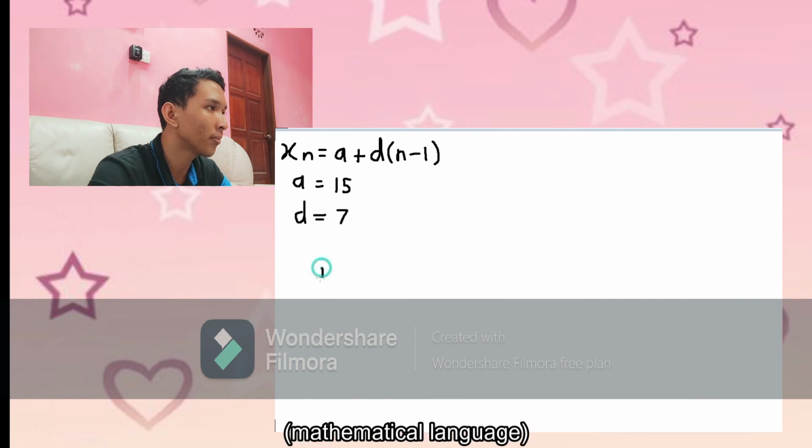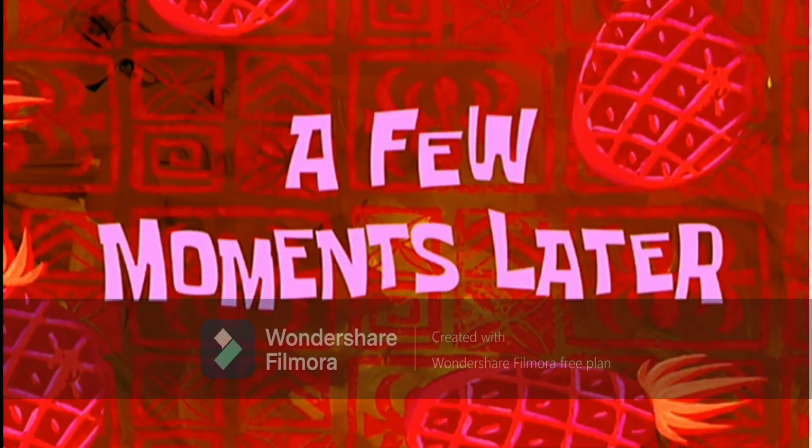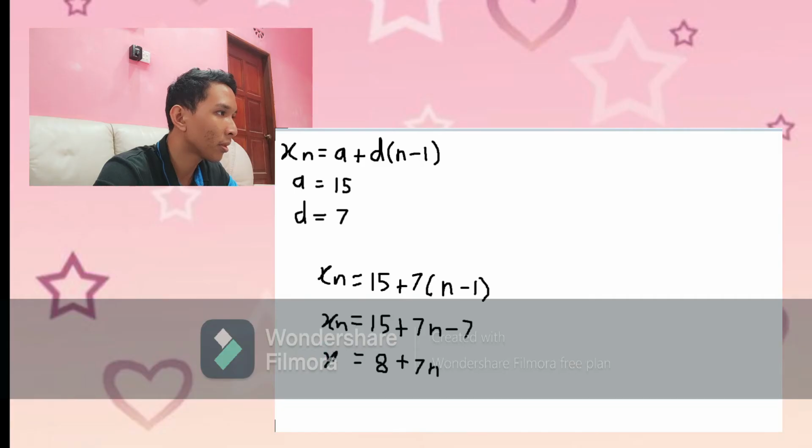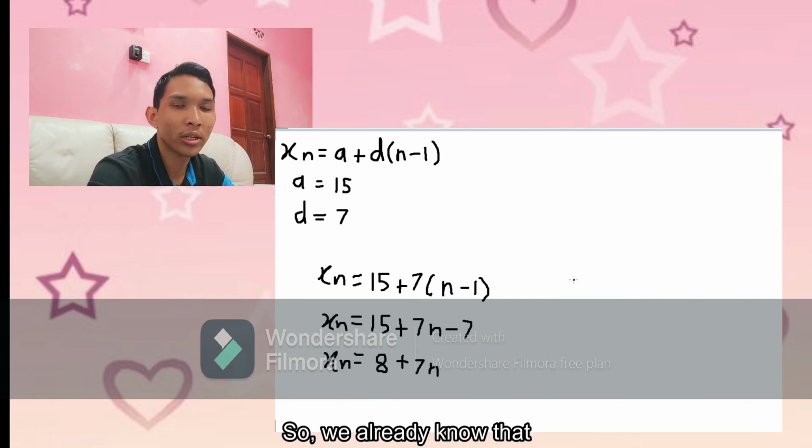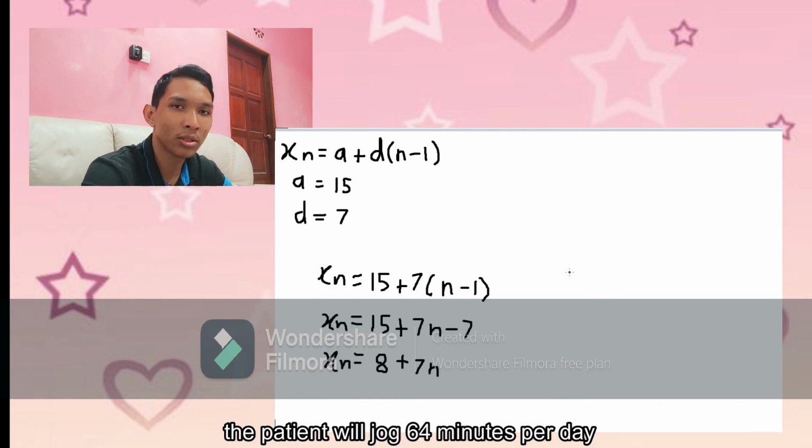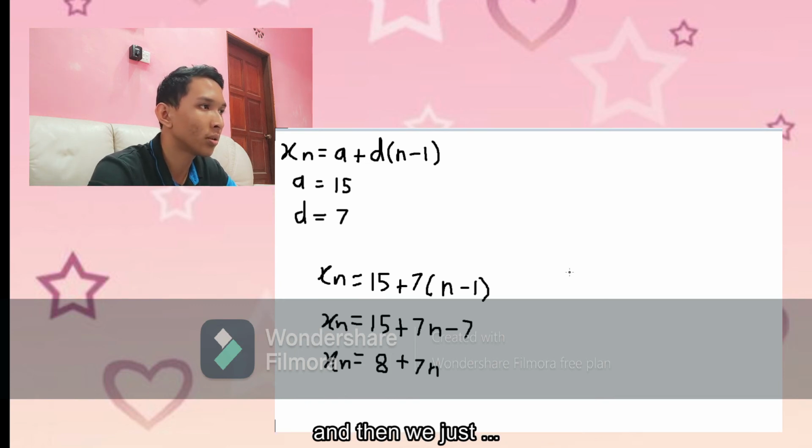So Xn equals 15 plus 7... Okay, so we already know that the patient will jog 64 minutes per day, and then we just put it in.